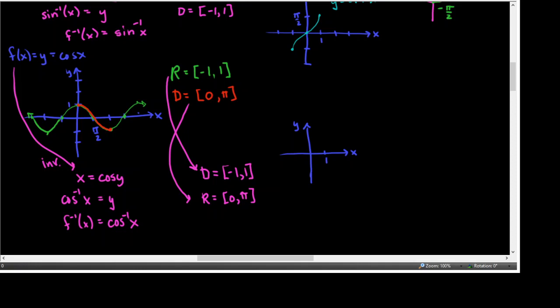Oops, I think I need a little bit more room up there. Actually, let me do this way instead. Let's back up and start over. Okay, give myself a little bit more space here.